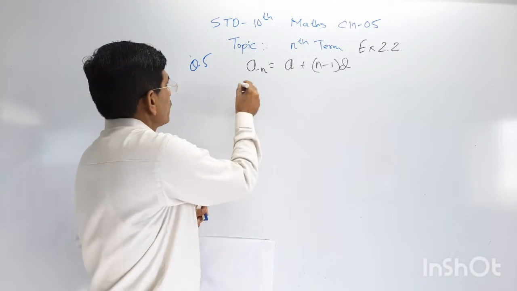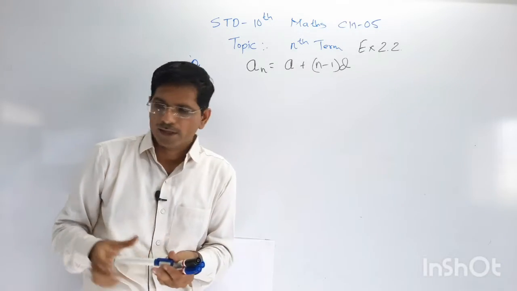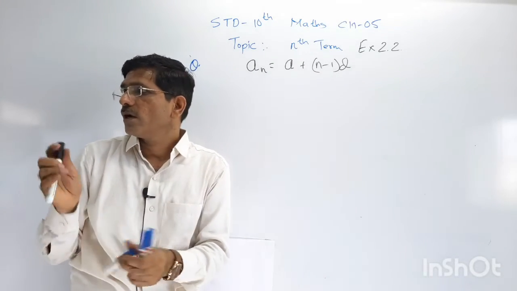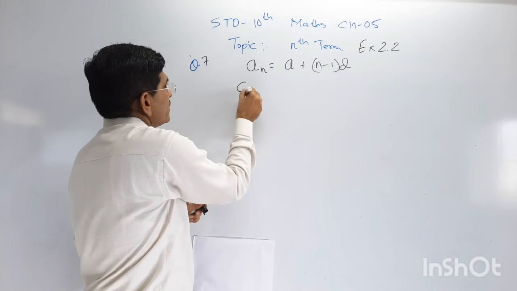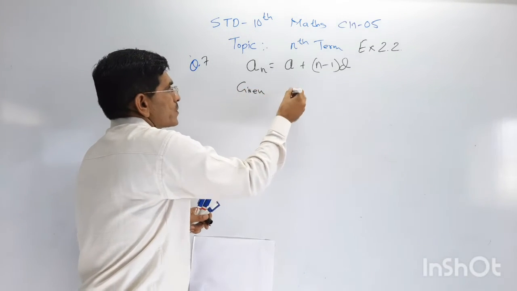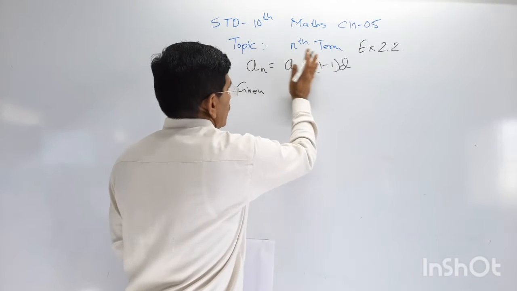So what is given is important for us. Question number 7: a31 I have to find out.